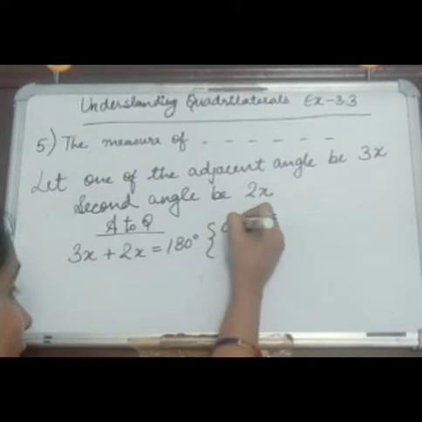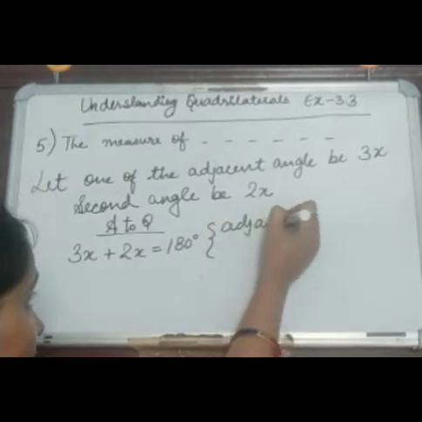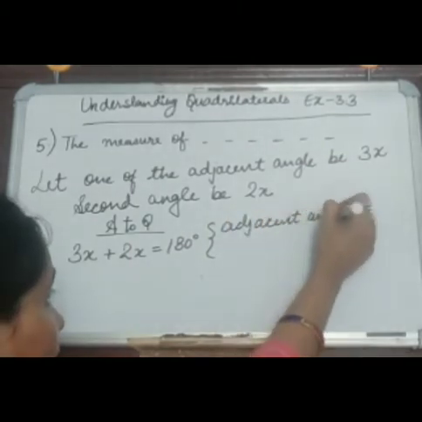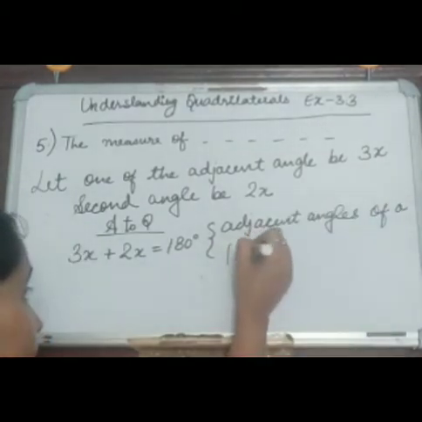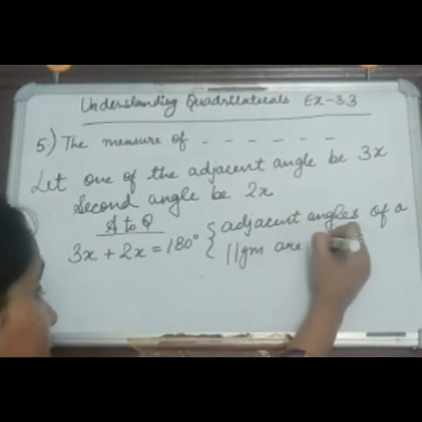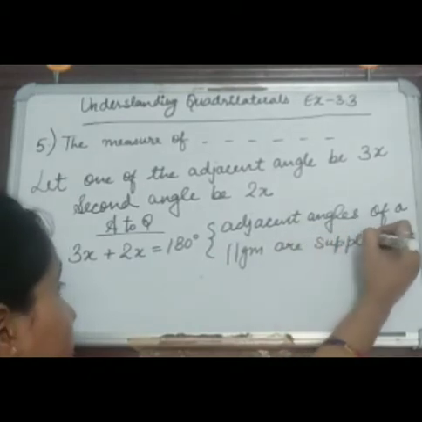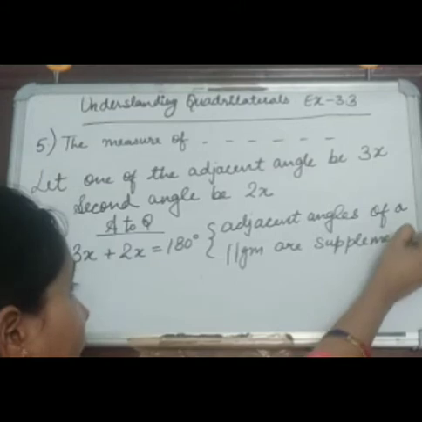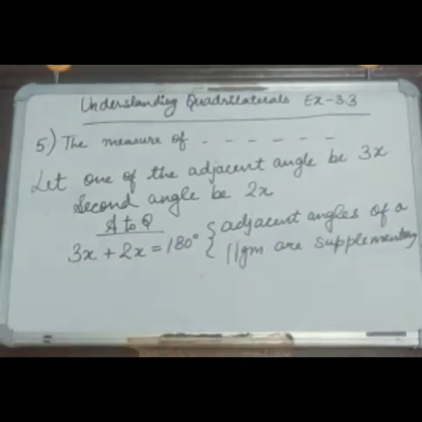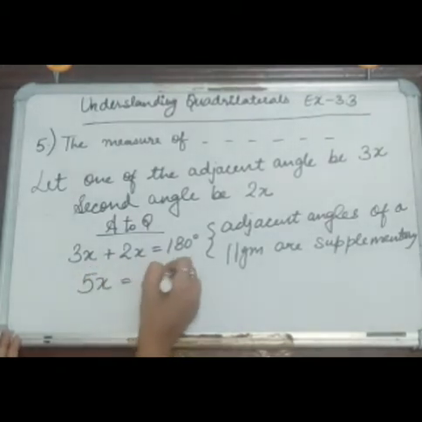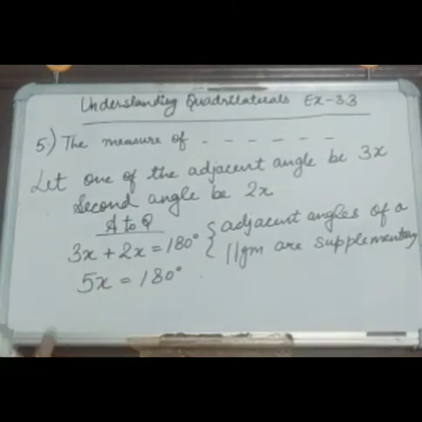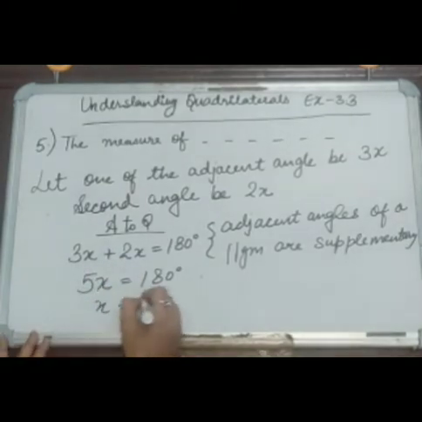Here we will write that adjacent angles of a parallelogram are supplementary. Okay? So 3x plus 2x is 5x. Both are like terms.